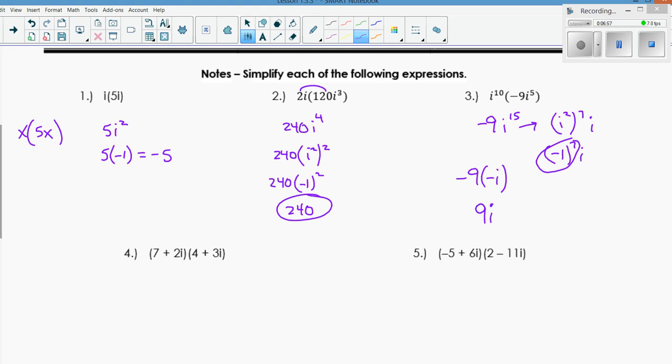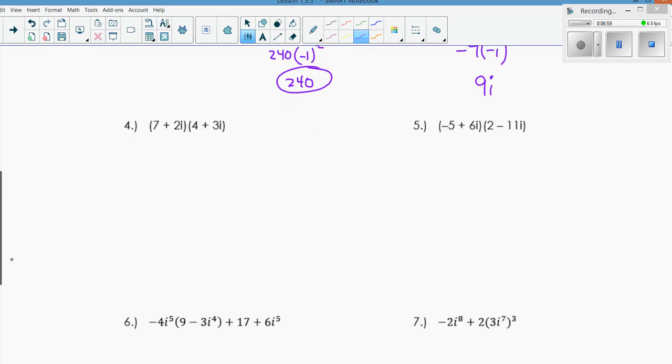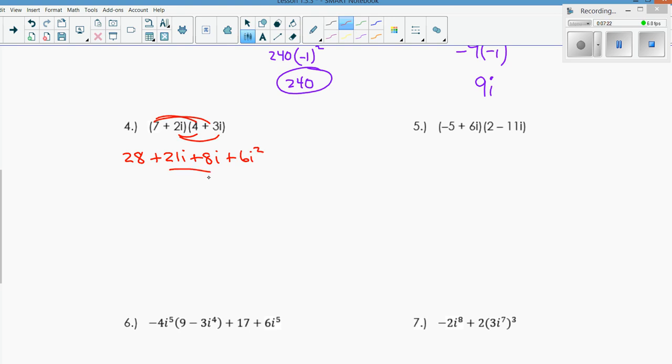Okay? Next one. Number 4. Alright, binomials. I have a binomial times a binomial, so that gives me 28. This gives me plus 21i. This gives me plus 8i. And this, be careful that we don't just say 6. We have to remember that's i times i, which gives me i squared. I can combine these two terms. I can also look at this and say, I know what i squared is. i squared is negative 1.